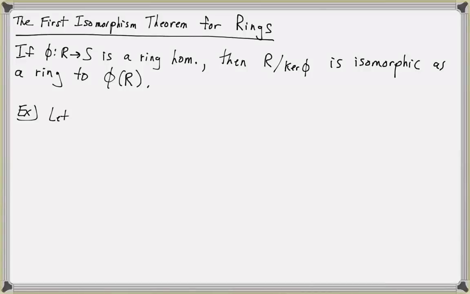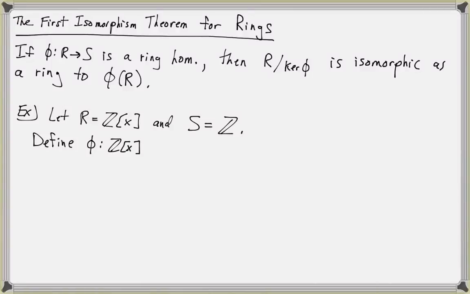So let the ring R in this theorem be the ring of polynomials with integer coefficients, and we're going to define a homomorphism to the ring S, which is going to be the set of integers. So let's define phi by phi of polynomial p of x equals p of 0.